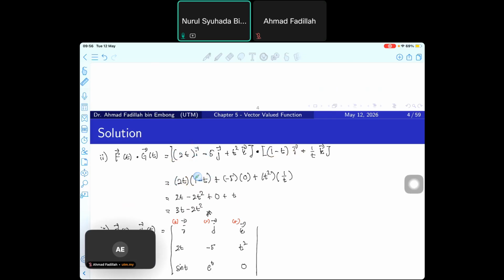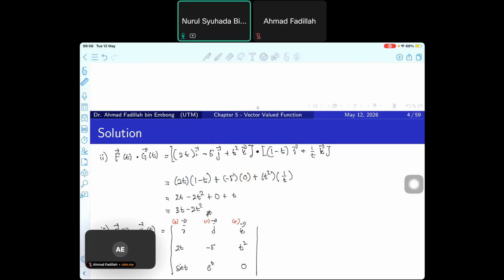Therefore, our final result should be a scalar, not a vector anymore. So we have 2t times (1 minus t) for this component. Over here we have negative 5, but over here we don't have any jth component, which means the jth component on this side is equal to 0. So that's why we have negative 5 multiplied by 0.